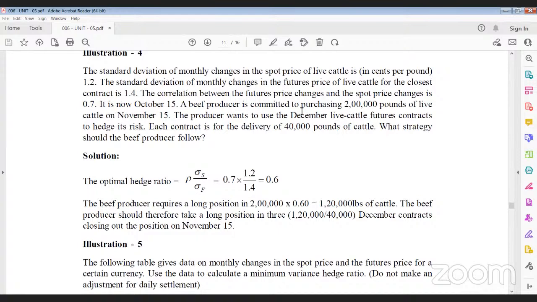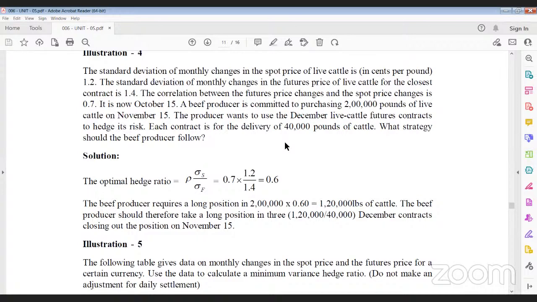And the correlation between future price and spot price changes is 0.7. Now on October 15, a beef producer is committed to purchase 2 lakh pounds of live cattle on November 15. The producer wants to use the December live cattle future contracts to hedge its risk. Each contract is for the delivery of 40,000 pounds of cattle. What strategy should the beef producer follow?